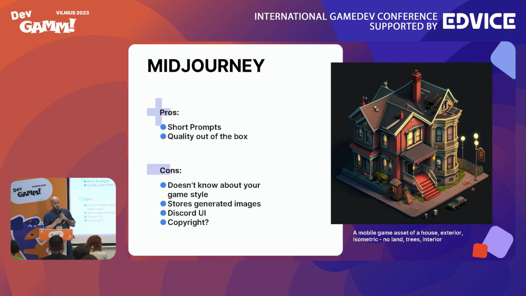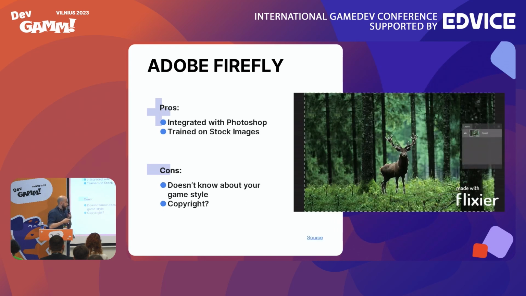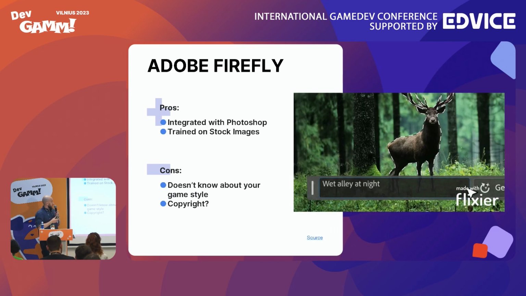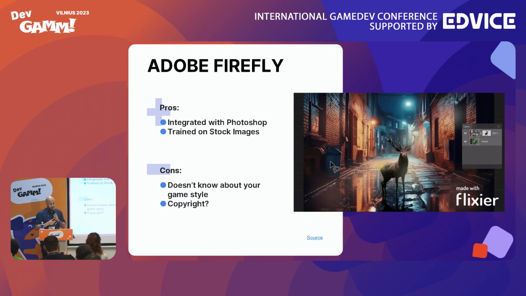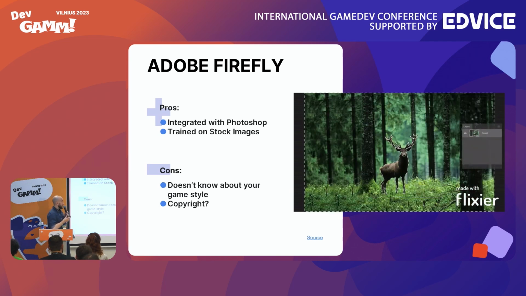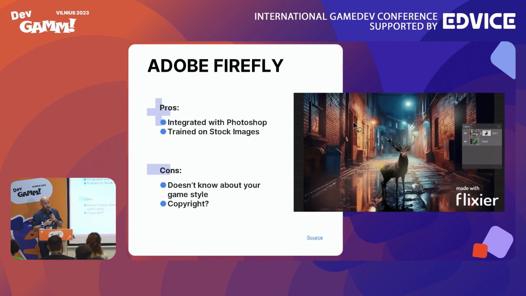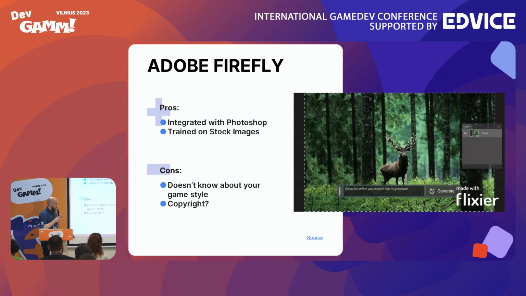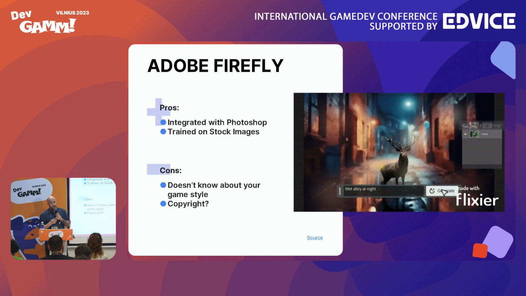It stores generated images somewhere in the cloud, and you need to use Discord as a user interface. Another option is Adobe Firefly, and it's already integrated with Photoshop, and it was trained on stock images, but it still doesn't know anything about your game style.